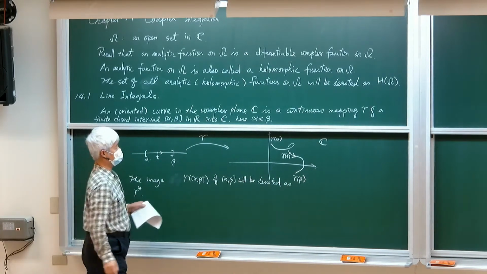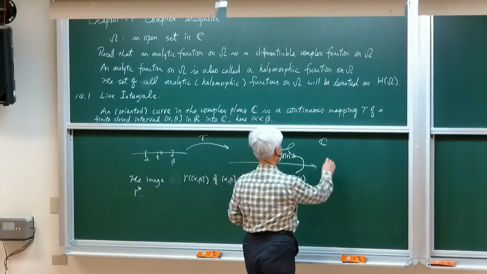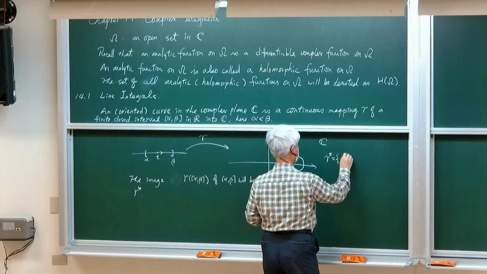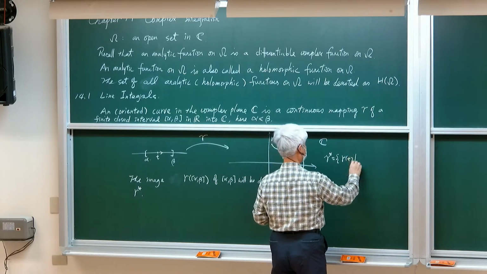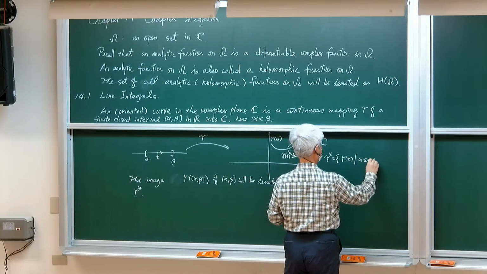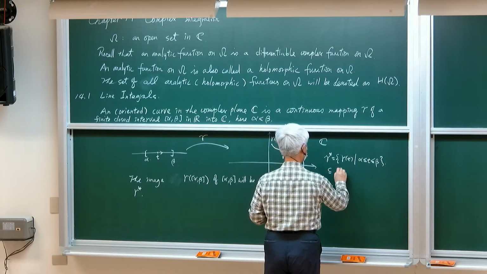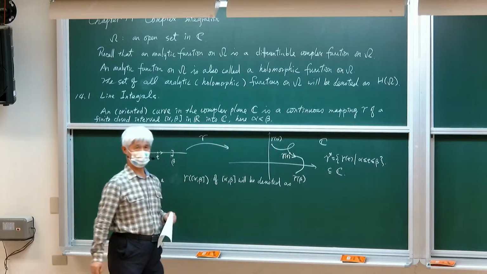So gamma star will be the set of gamma of t, so it's a subset of the complex plane.